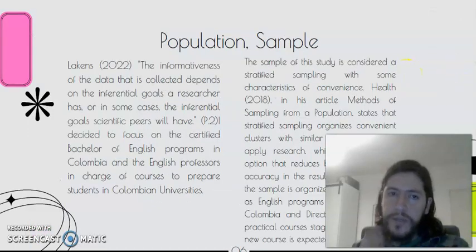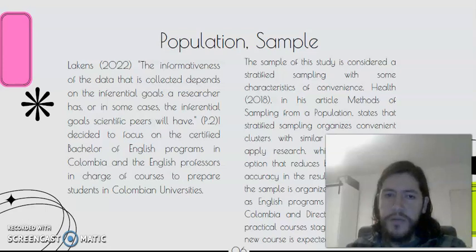Population and sample. I have decided to focus on 2 groups of population. The first one are the 27 universities, and here we have UNAT also.